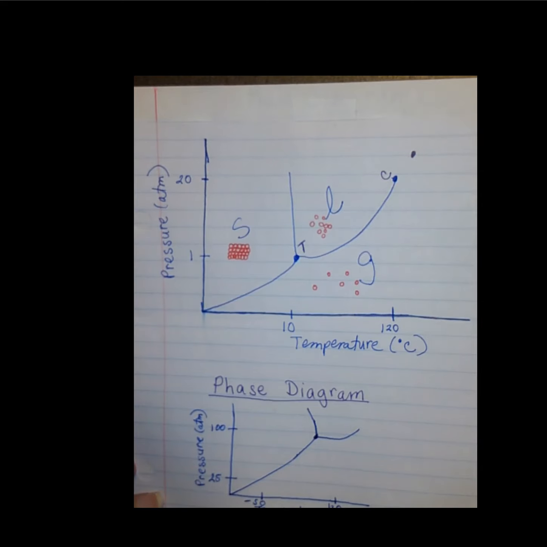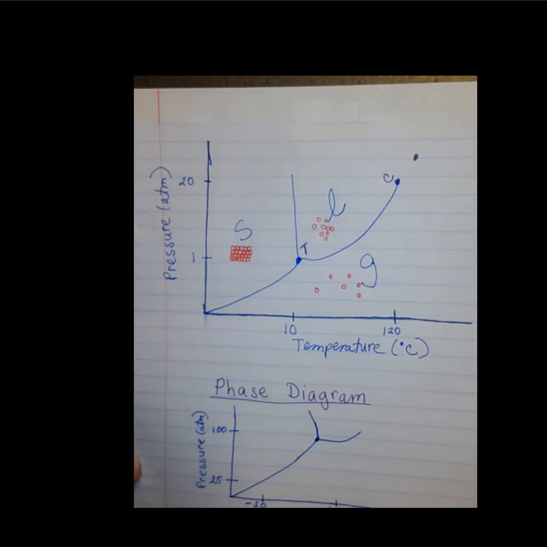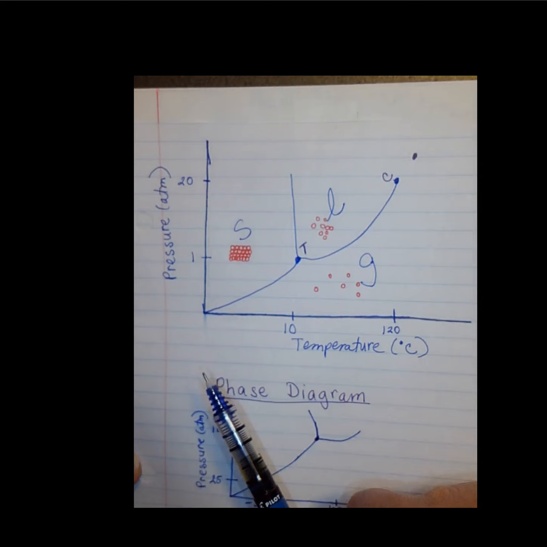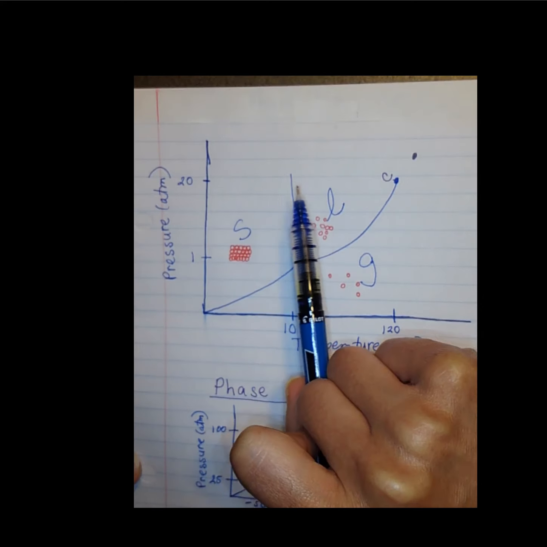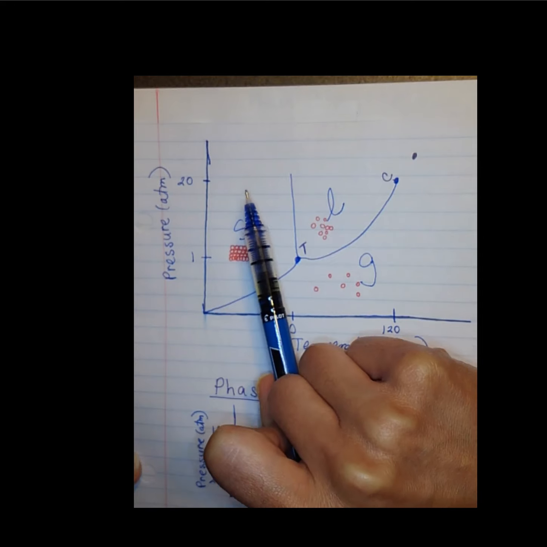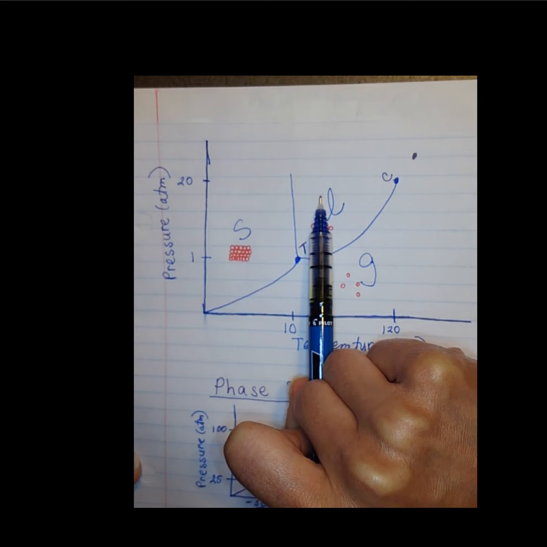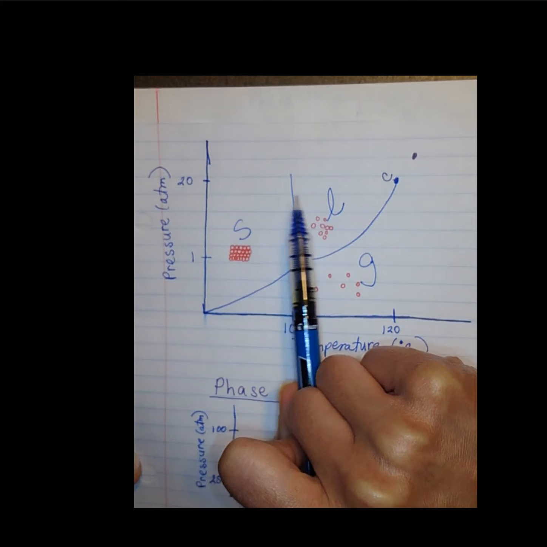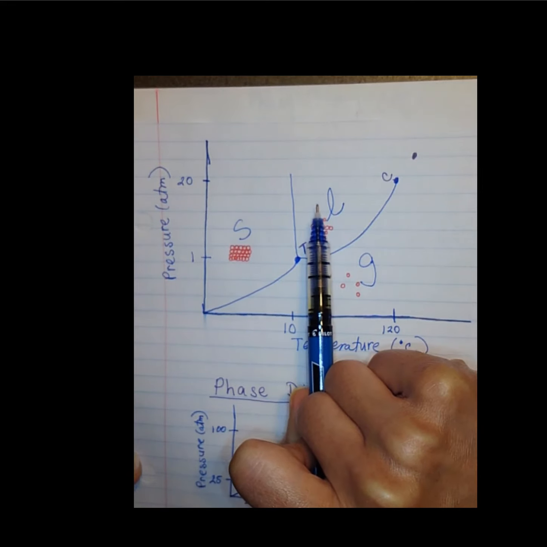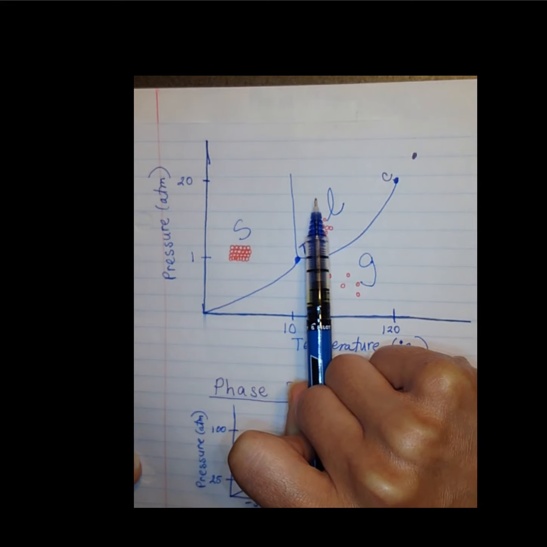Another thing that you can look at in a phase diagram are the different phase changes that the substance goes through. When a substance goes from a solid to a liquid state, we say that it is going through melting. An example of that would be ice melting into water.